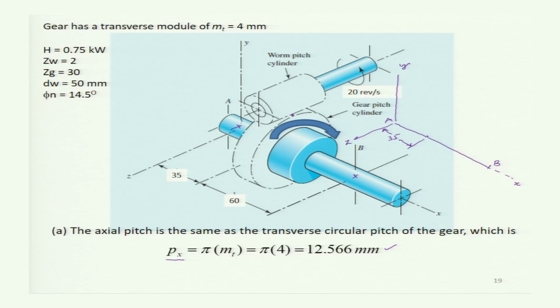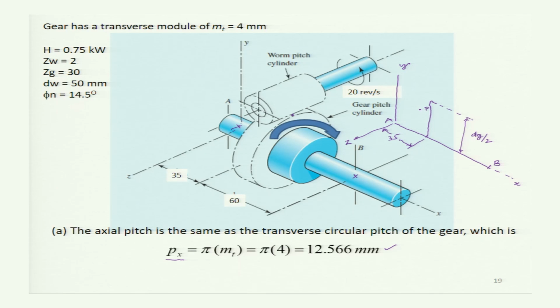So from this point, if we move along the y direction by this distance equal to dg divided by 2, this will be the pitch point P where all forces will act.